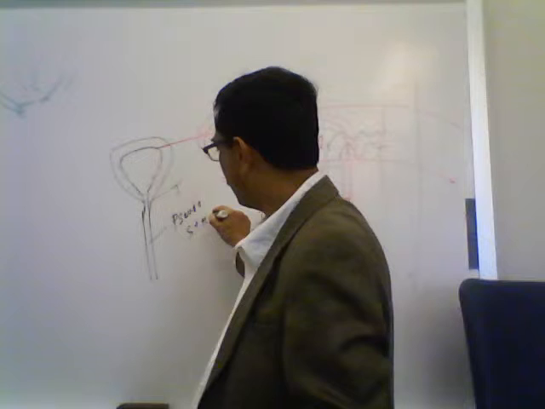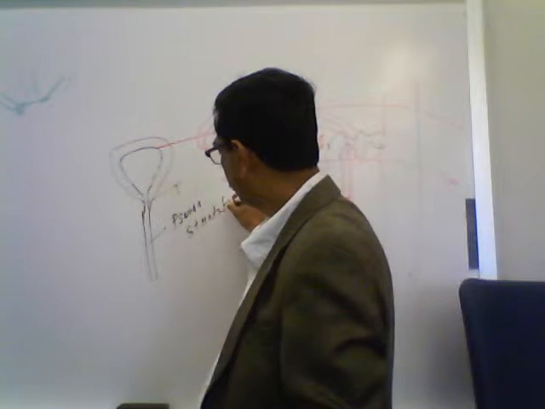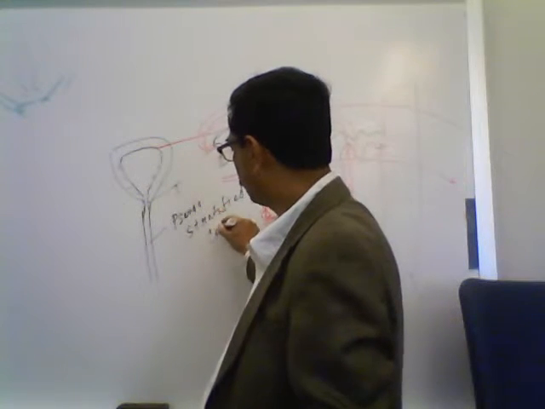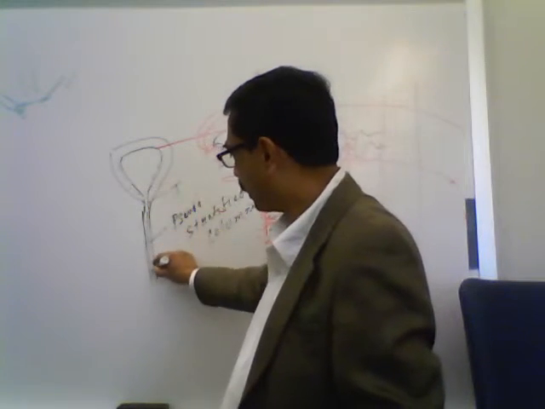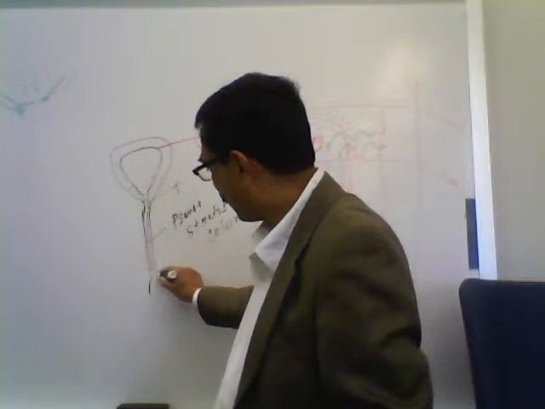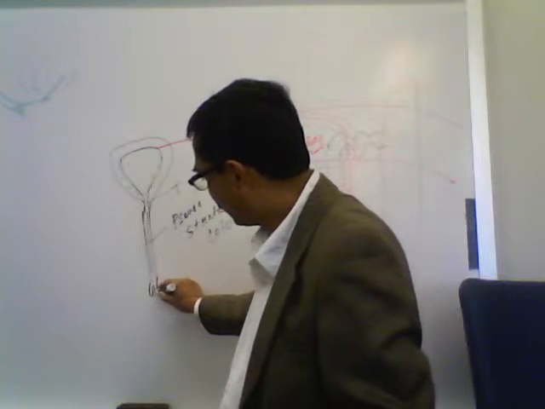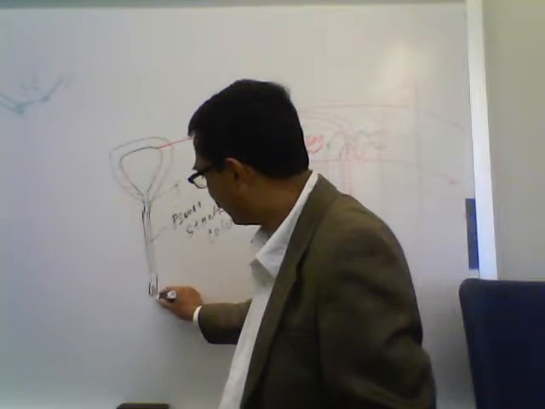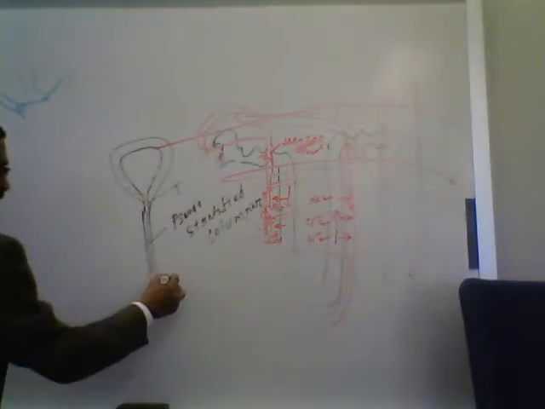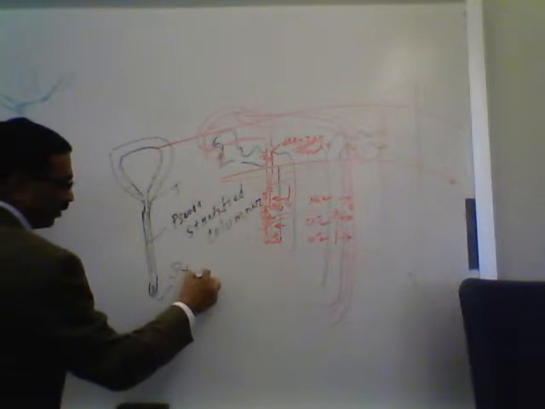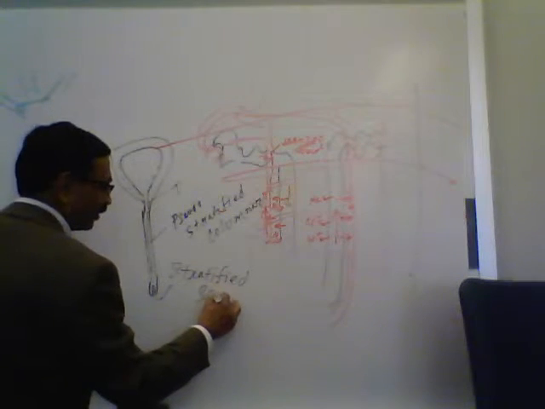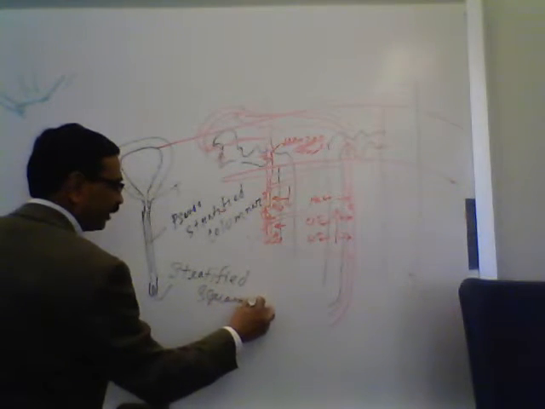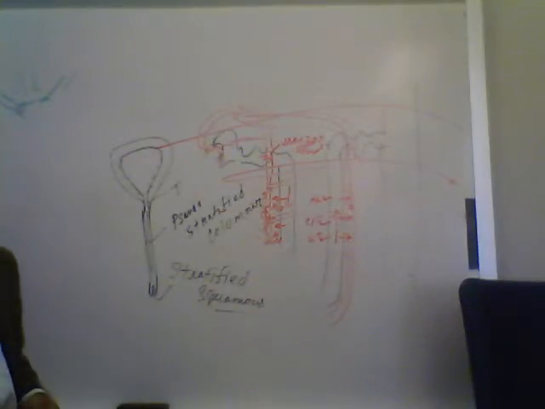Then the middle long part is pseudostratified ciliated columnar. That is the long middle part, and only the last part is stratified squamous. Very last part is what? Stratified squamous. Where you find the stratified squamous? I have mentioned 100 times.